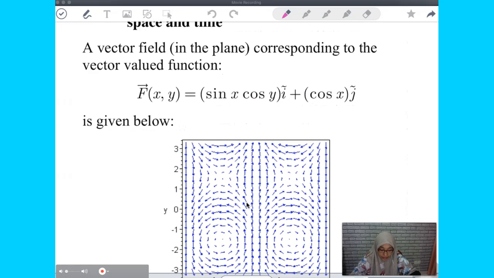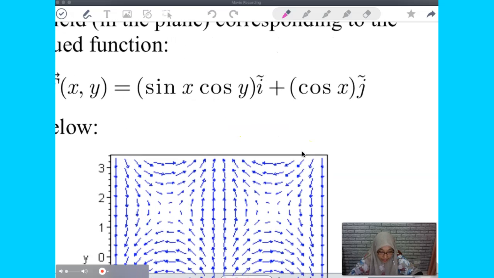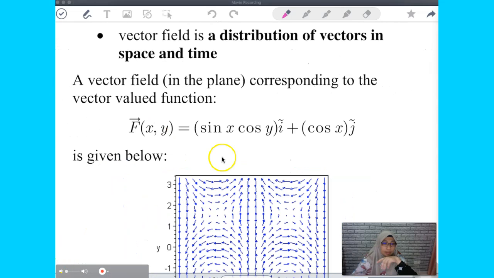You have the equation here in terms of x, y. Now you choose some specific value of x and y, so you can find some vectors here. What I mean is, you choose a point x and y.